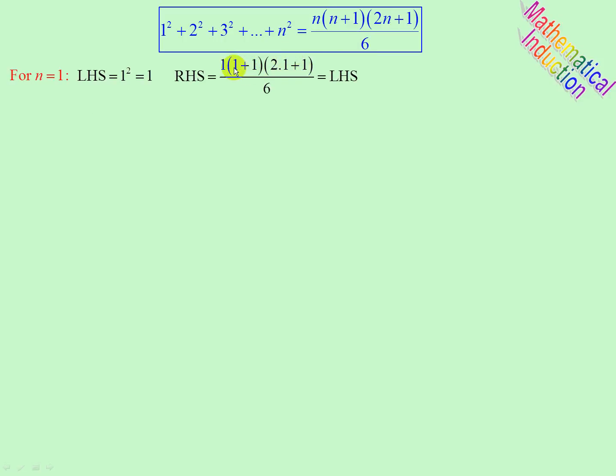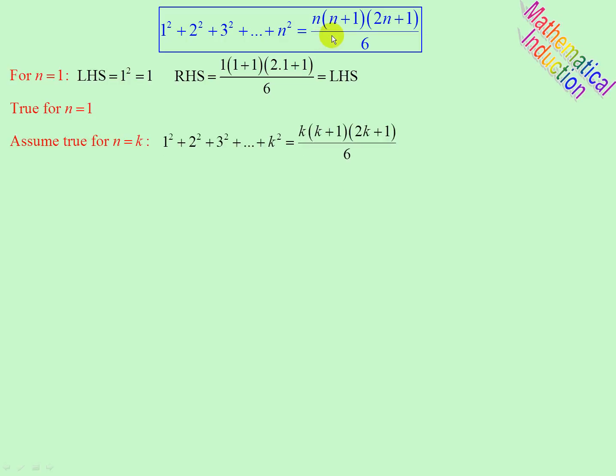That does become 1. 1 times 2 times 3, 6 over 2, 6 gives you 1. So it's equal to the left-hand side. Now we need to get on to the general rung. So we say, assume true for n equals k. That formula with a k.